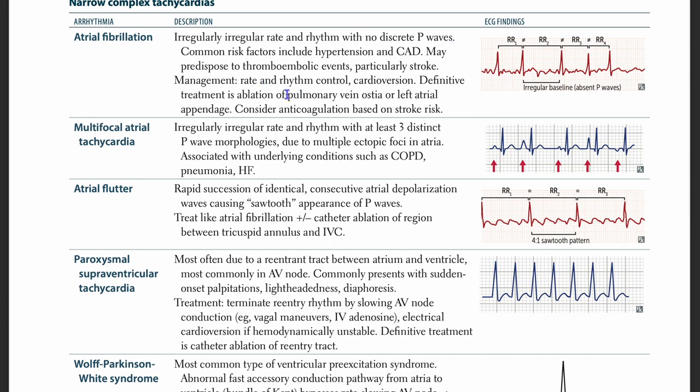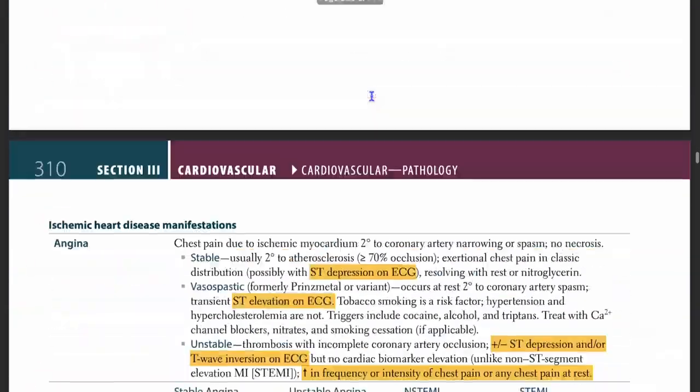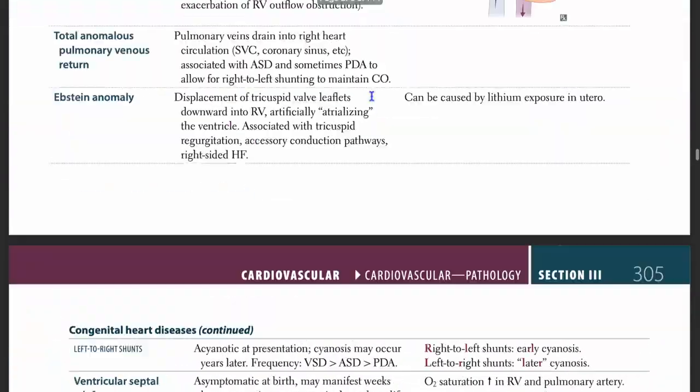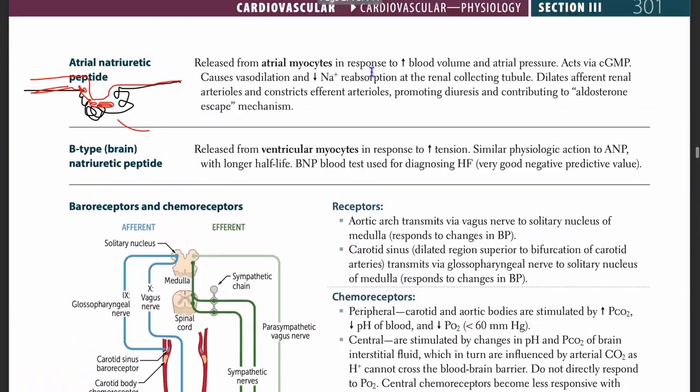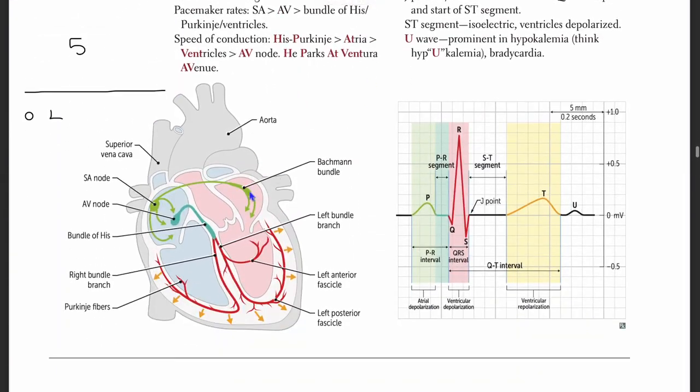Right. So why this? Remember when we were doing anatomy of heart, I told you that this is where the atrial signal goes to on the left side. Right. When we were doing this, right there. So from SA node, it goes to the other atria over here. So that's where it goes. And that's what causes the atrial fibrillation.